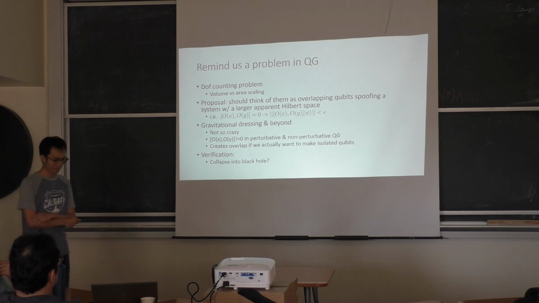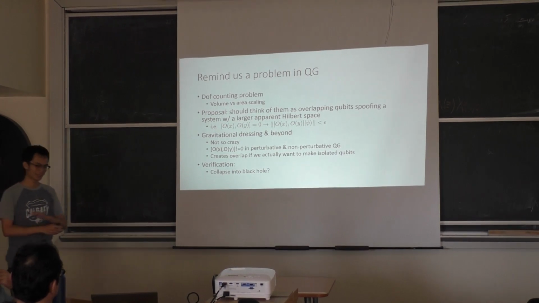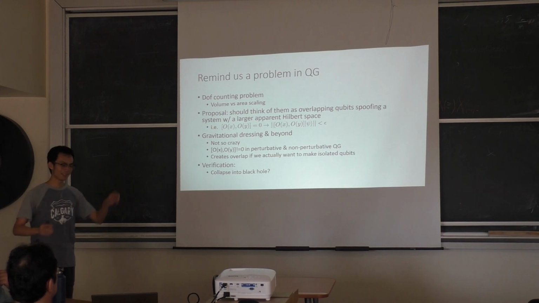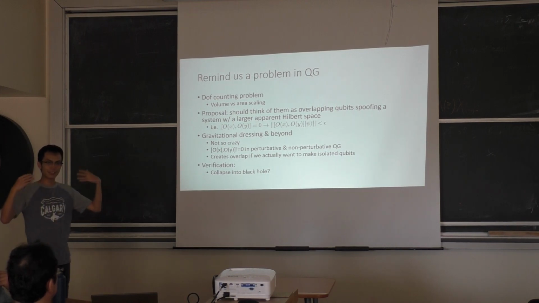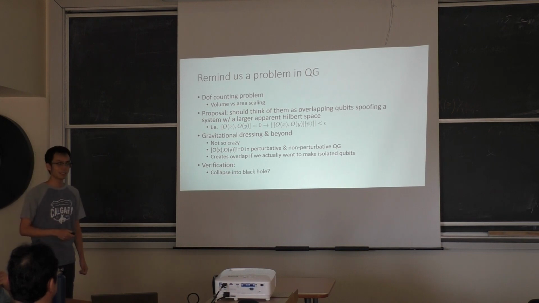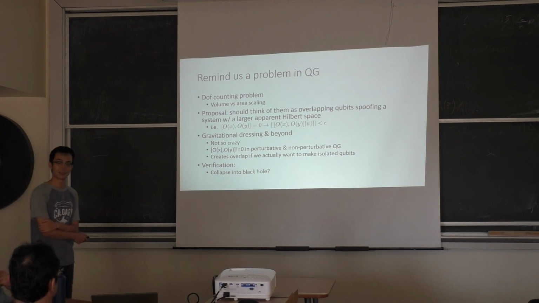If I write down an effective field theory in 3 dimensions, and let me lattice my space into lattice points and put a qubit on each lattice site, of course you would naively expect the number of degrees of freedom to scale volumetrically. But quantum gravity tells us that that's not the case. For example, from black hole thermodynamics, it really just scales with the area of the surface. So the question is, how do I reconcile these two ideas?